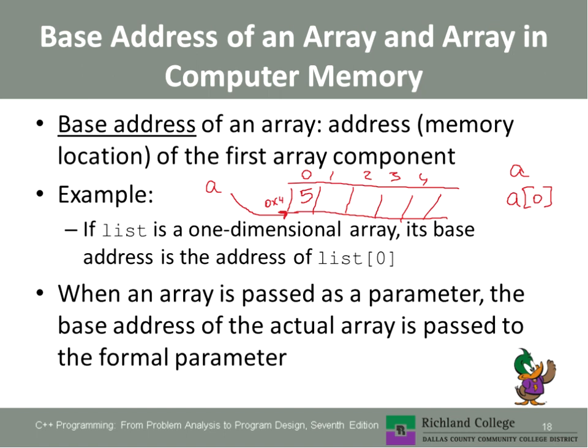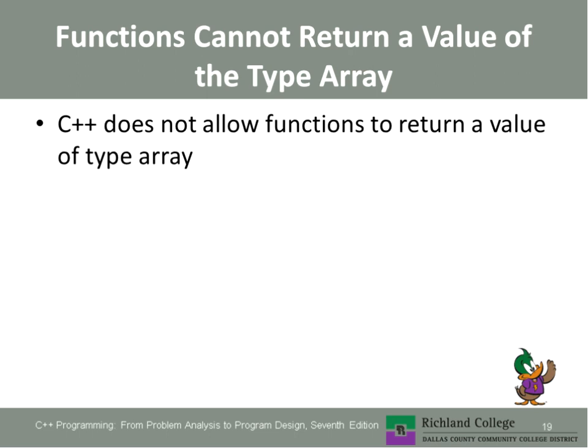So when we are sending the array to the function, it will not receive 5. What the function will receive is 0x4, which is the memory address where the array starts. And that's going to be the formal parameter within the receiving function.